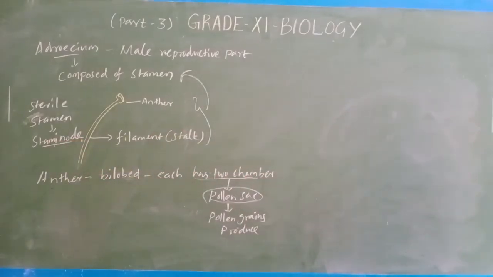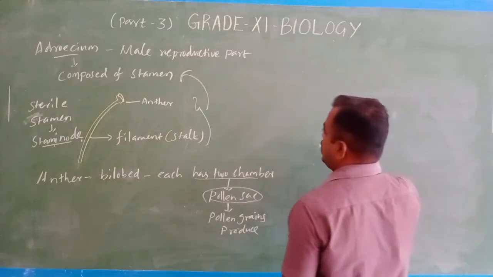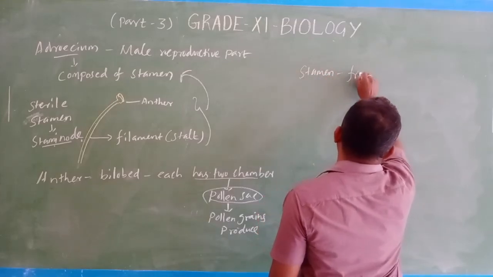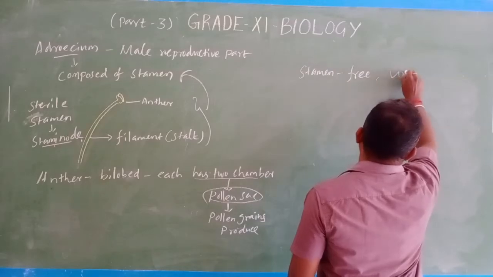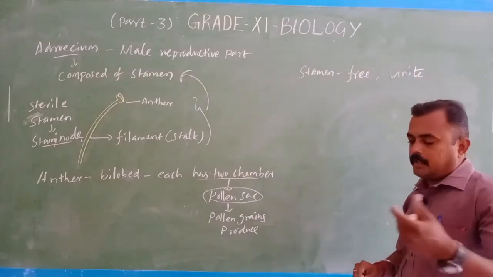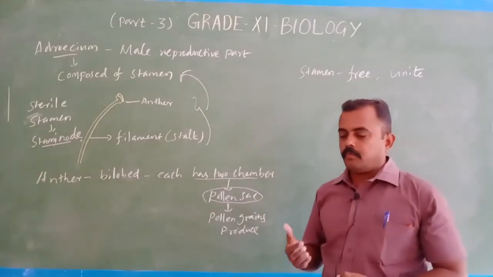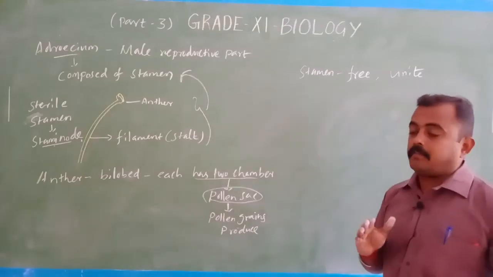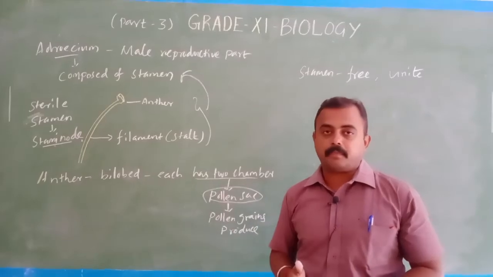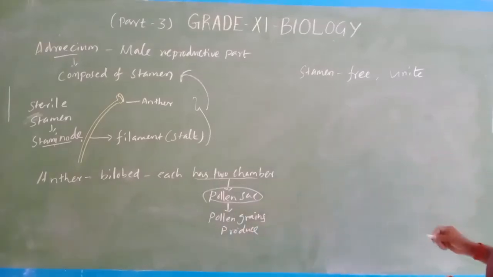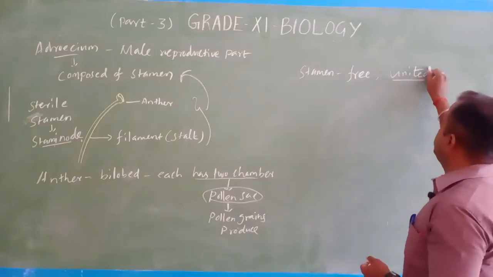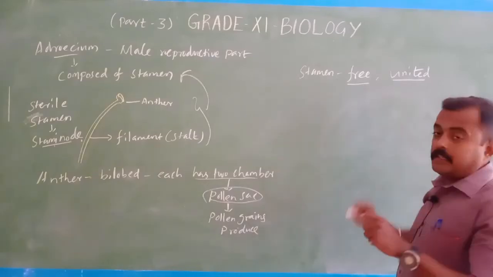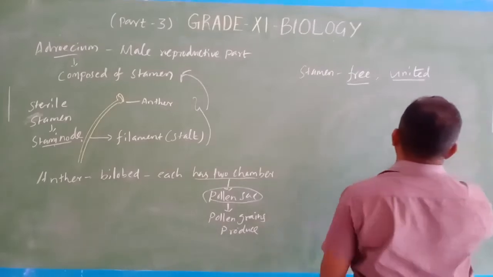Okay, then here you see, in the stamens we have free ones and united ones, like what we saw before in the sepals and petals. United means joined together, free means not joined.